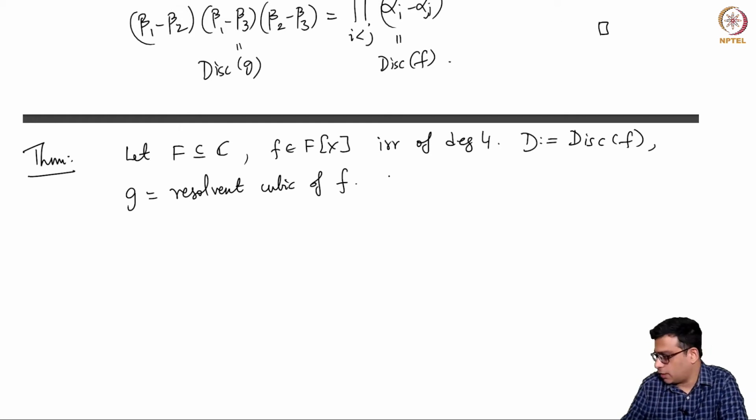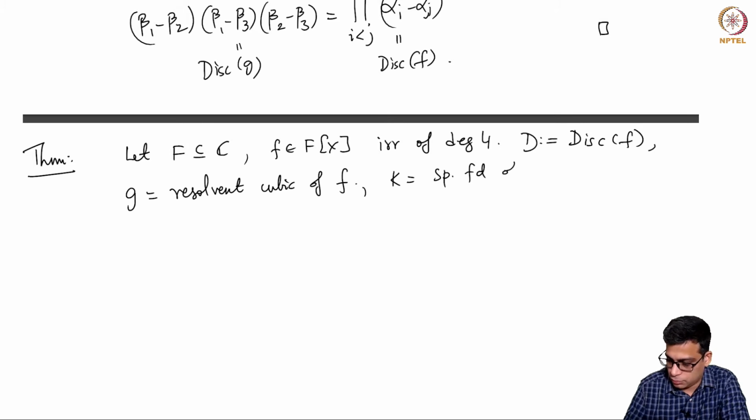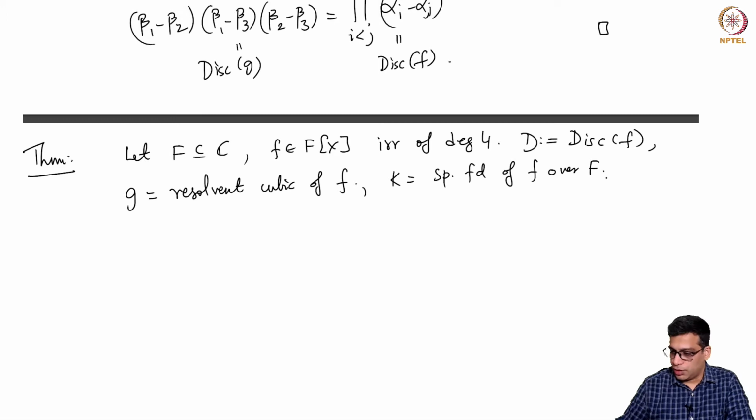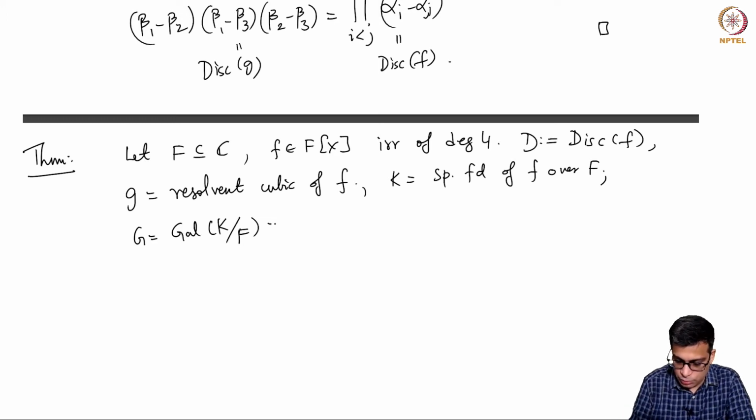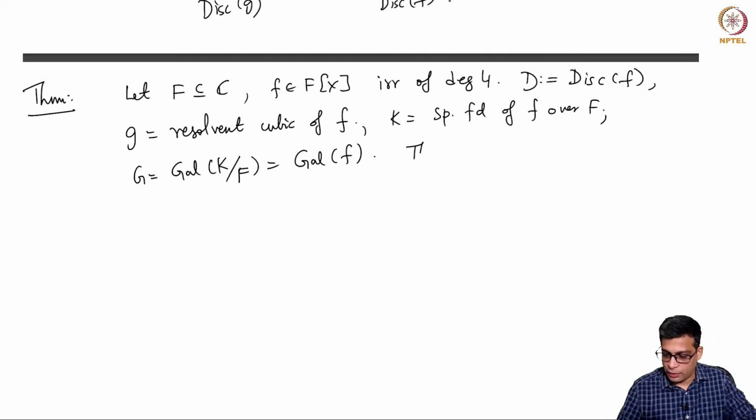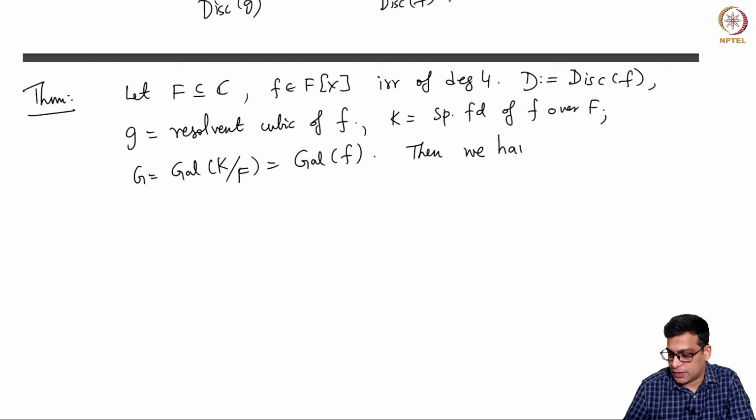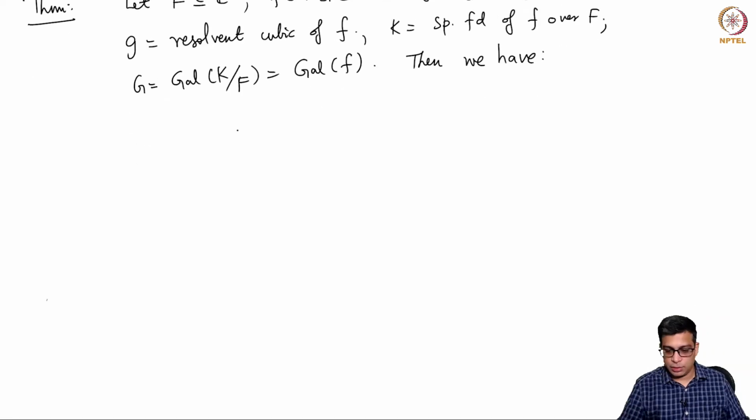Okay, and then let us take K to be the splitting field of f over capital F. And finally, I am just recording all the notations, which is also called the Galois group of the polynomial f. Then we have the following possibilities. I will draw a diagram, a table really.